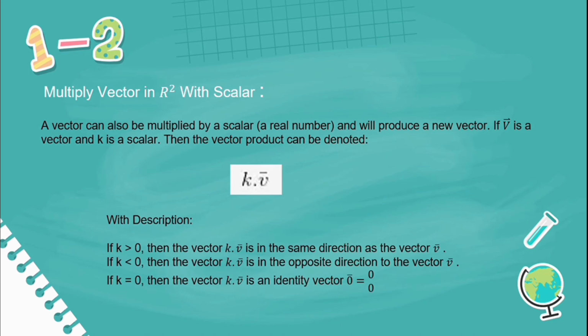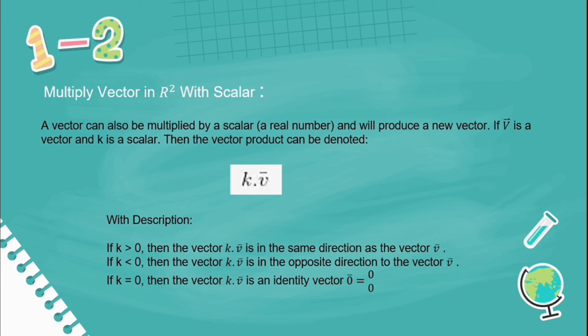If k is greater than 0, then the vector k multiplied by vector v is in the same direction as the vector v. If k is less than 0, then the vector k multiplied by vector v is in the opposite direction to the vector v.